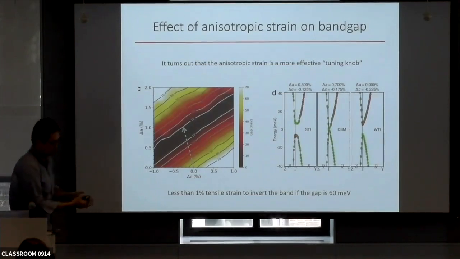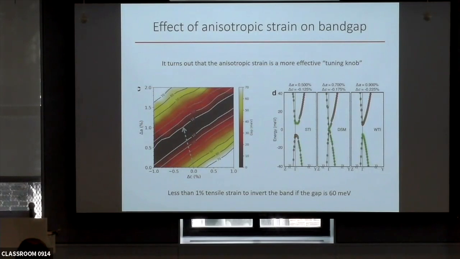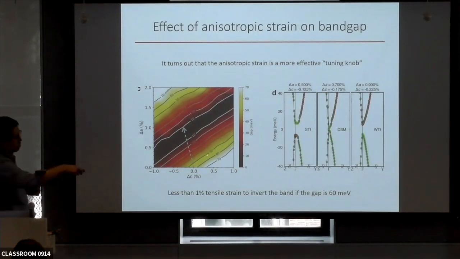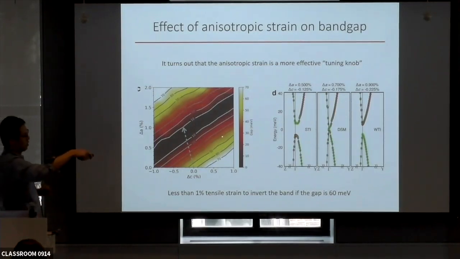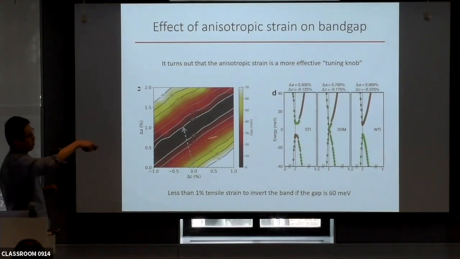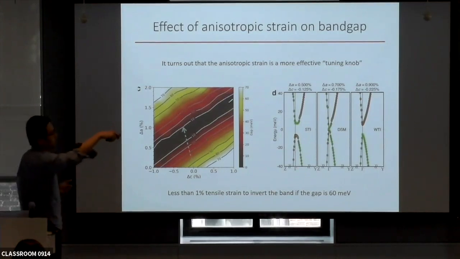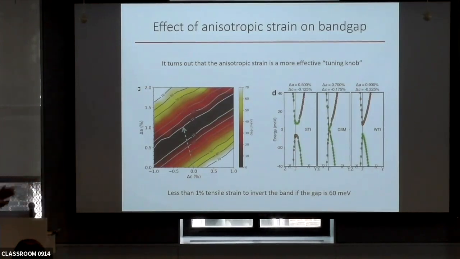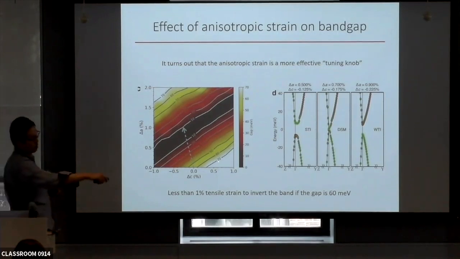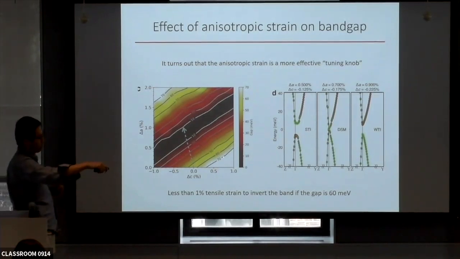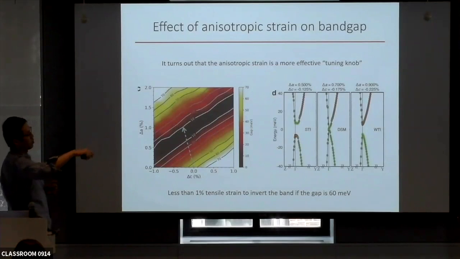In contrast, what the previous paper proposed is an isotropic expansion, which means increasing a and c at the same time, so that is going parallel along this valley. That's why they need about 2 or 3% to cross this phase boundary, because they're going along the wrong direction. Instead, the anisotropic strain induced by uniaxial strain is the right direction, going very efficiently to this topological phase transition.